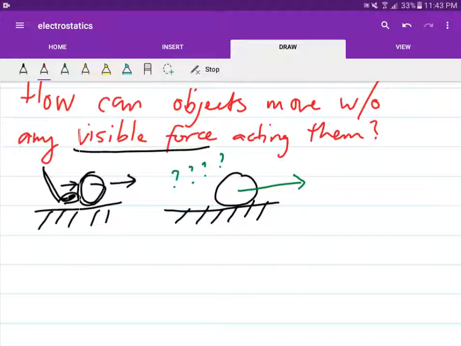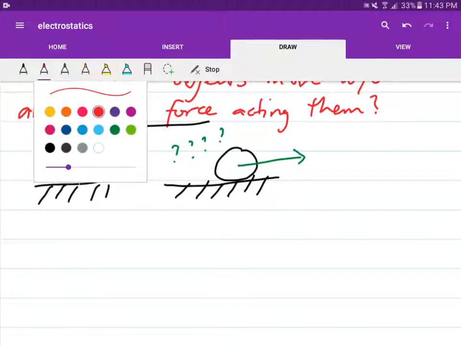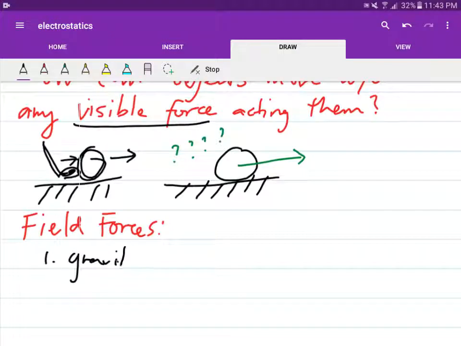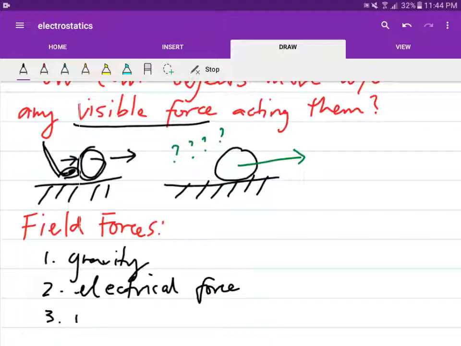So there are forces that we cannot see but actually act on objects. These are called field forces. An example of these are gravity or gravitational force, electrical force, and magnetic force.